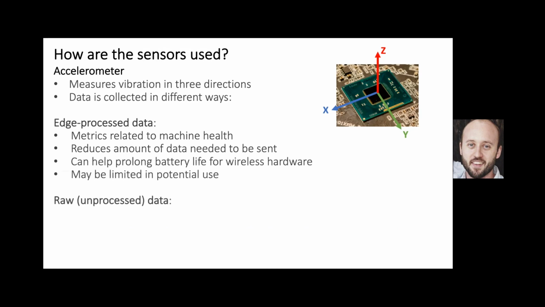However, just using edge process data could potentially limit our variety of use cases and our ability to perform maybe diagnostics or prognostics. So oftentimes we will also have the ability to collect raw or unprocessed data that we can take off the device and then go elsewhere and do advanced processing on it.